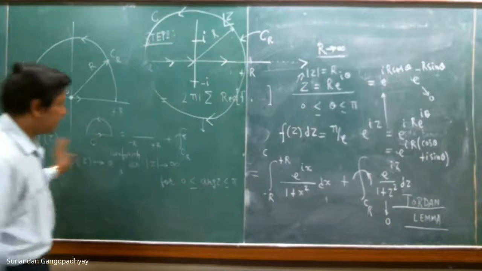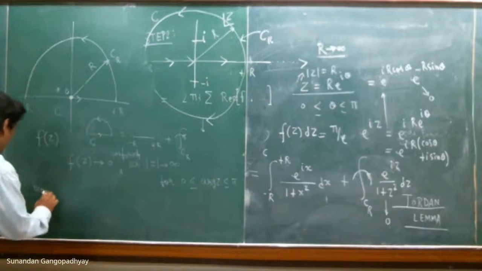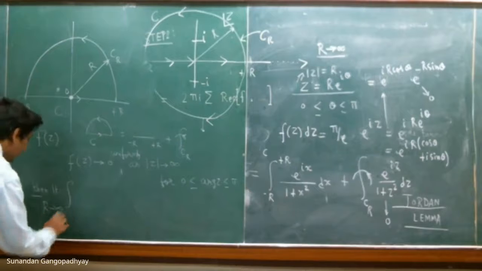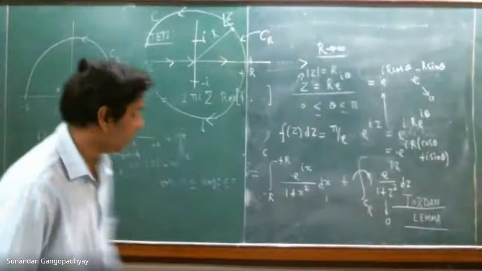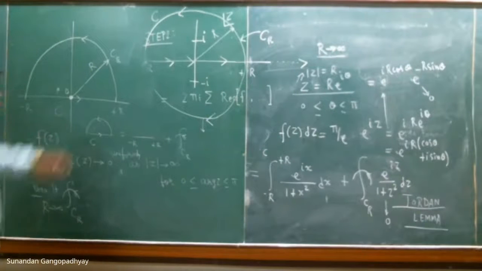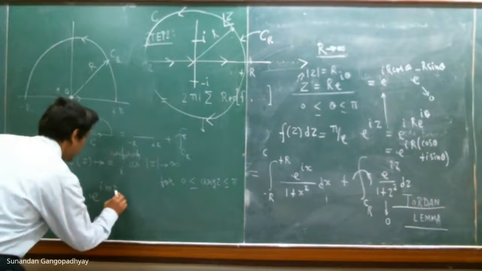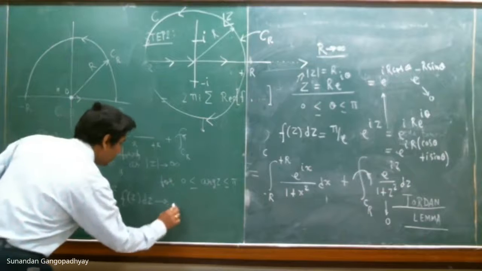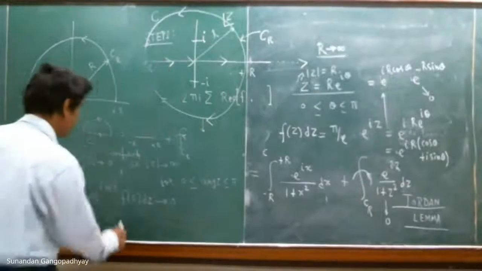So if f(z) satisfies this condition, then the limit R going to infinity of the contour integral over CR of e to the power of i m z f(z) dz tends to 0, or is equal to 0.